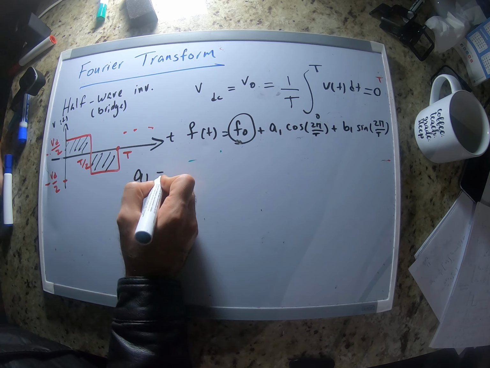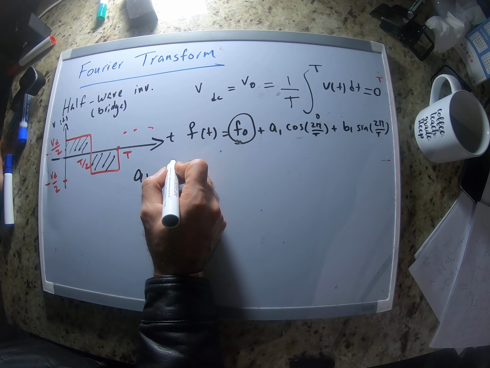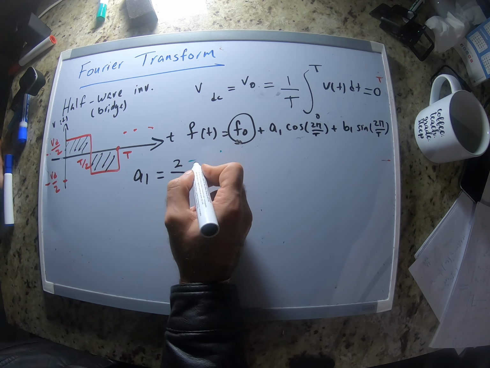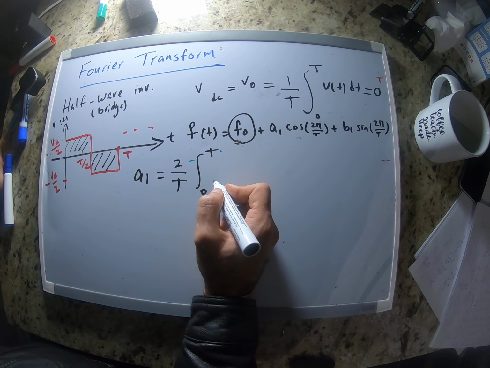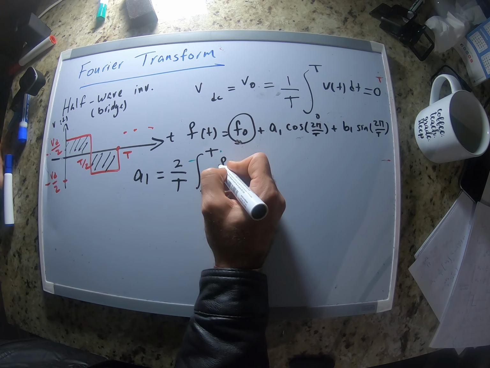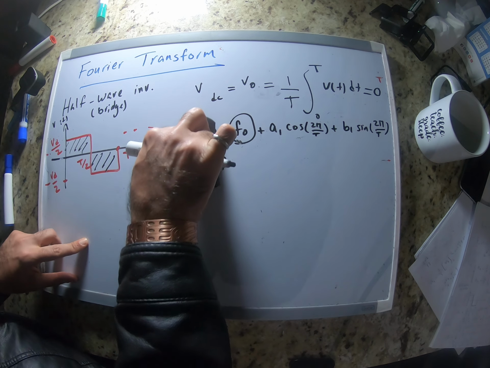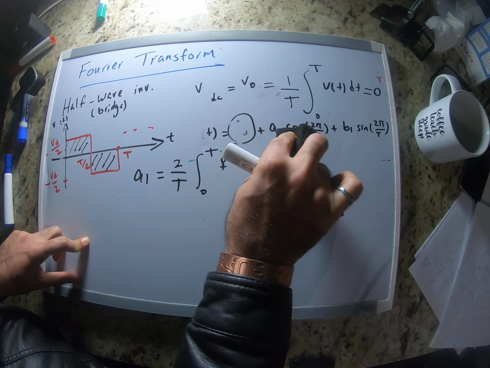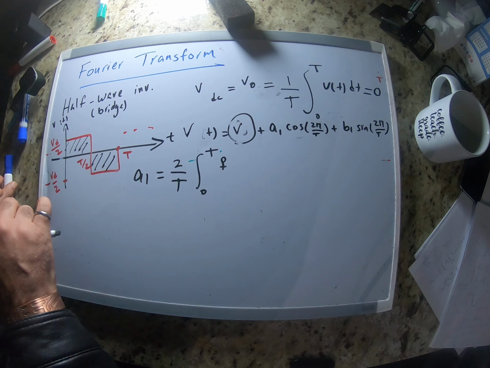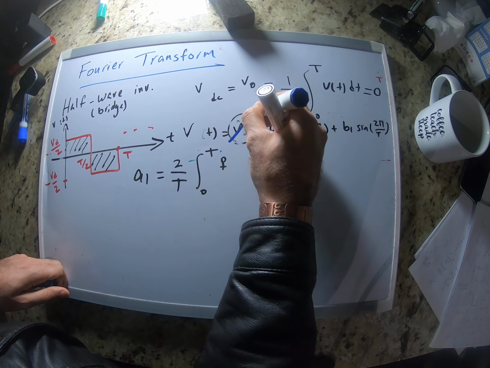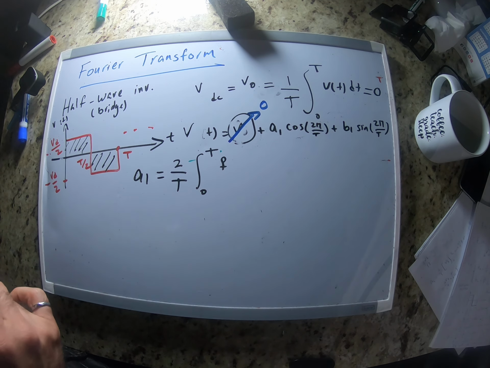A1 is going to be equal to 2 over T times the integral from 0 to T of f of t. Let's actually use v so that you don't get confused with frequency. And we found that the DC component is 0.